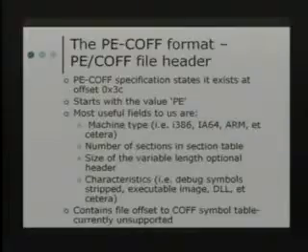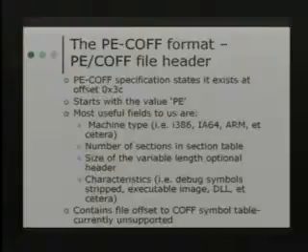And then the size of the optional header, which, because not everything has to be in there, is variable length. And then we also have a file offset to the COFF symbol table. I didn't support that, the main reason being that I'm looking at malware most of the time, which typically has all of its symbols stripped out.